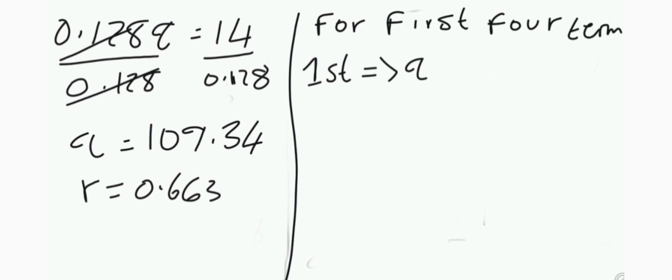We now know the first term to be 109.34 and the common ratio to be 0.663. At this point, our first term is what? It is 1, and that is n. Our n there is 1, and 1 minus 1 is what? It is 0. So A is 109.34.